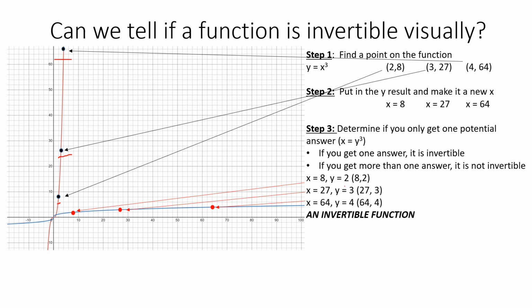If I put in y for 2, I only get 8. 2 cubed, 2 times 2 is 4 times 2 is 8. If I put in 3, 3 times 3 is 9 times 3 is 27. I only get one output. I put in 4 for y, I get 64 for x. 4 times 4 is 16 times 4 is 64. So this is an invertible function. And it passes the vertical line test right here. It only passes through one time.